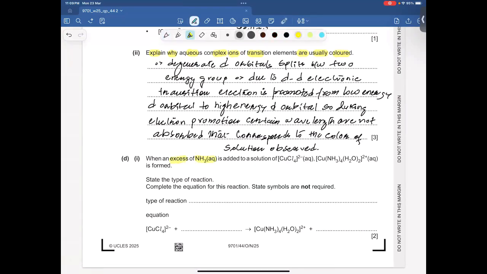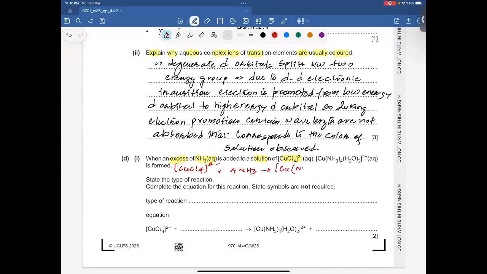When excess aqueous ammonia is added to this solution, okay. So we have CuCl4 2-. When we add 4 ammonia molecules, then there will be a ligand substitution reaction.